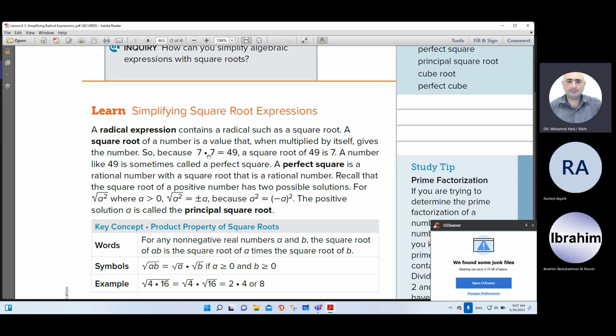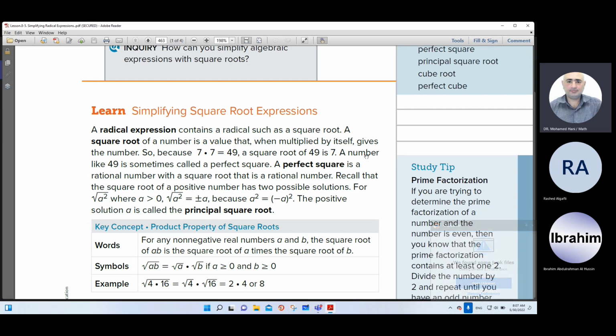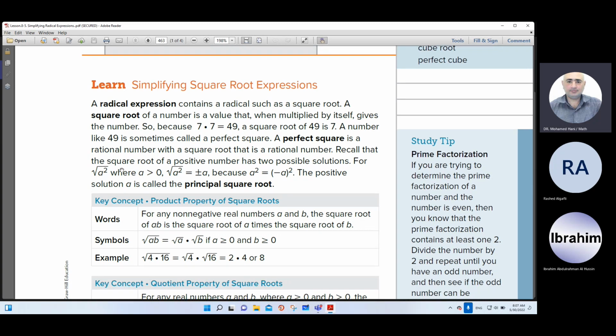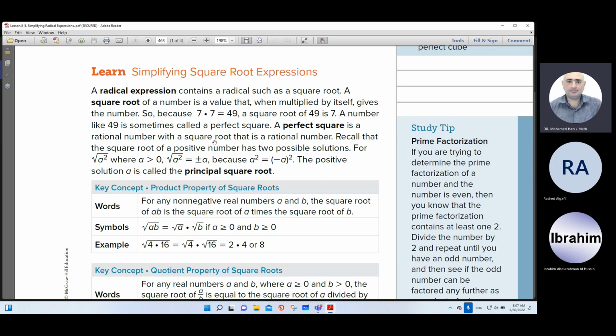Because 7 times 7 equals 49, a square root of 49 is 7. A number like 49 is sometimes called a perfect square. So what's the meaning of a perfect square? A perfect square is a rational number with a square root that is a rational number.